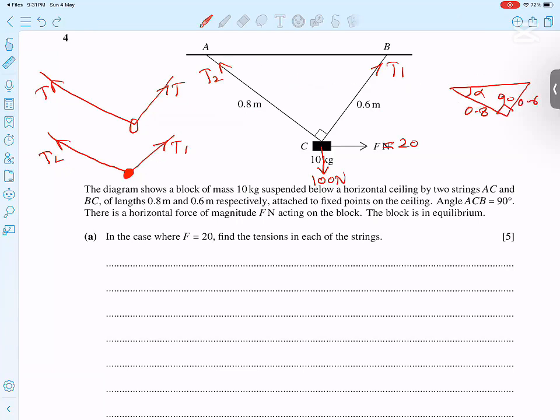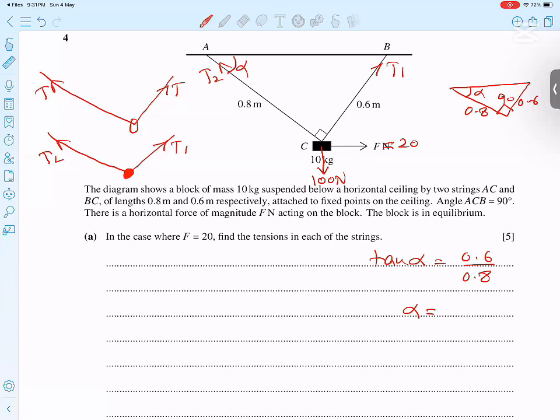I can find the angle. So this angle I can find easily. How to find the angle? Let's try to do it. Opposite by adjacent. So I'm finding here the alpha value. So tan alpha, 0.6 by 0.8. Okay, then when I find alpha, wait a minute, let me check.